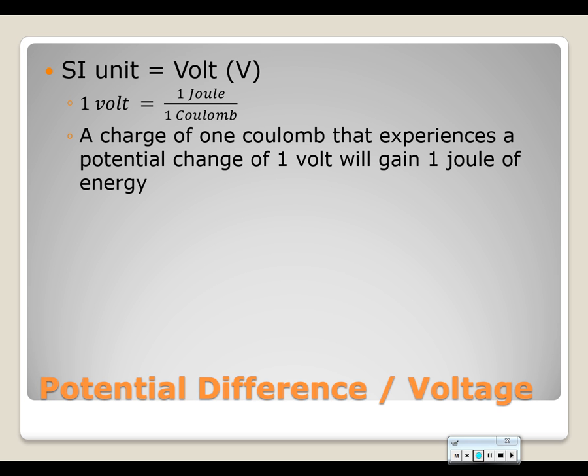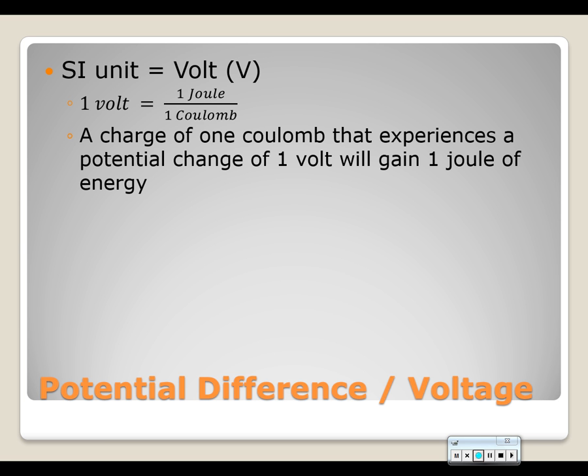The SI unit for potential difference is called the volt. It's on the front page of the packet that I gave you today. Like I said, that's all the same packet. So, a volt is 1 joule over 1 coulomb.